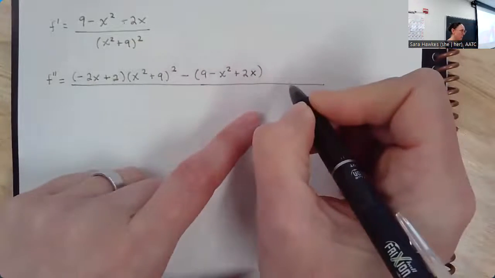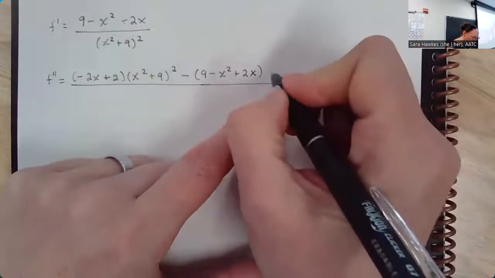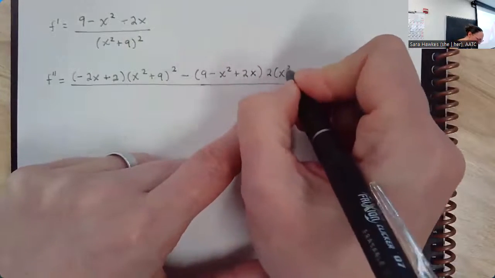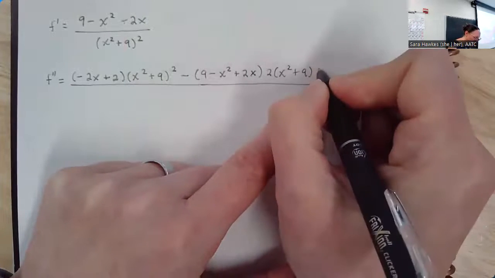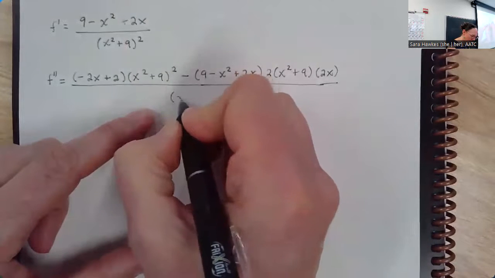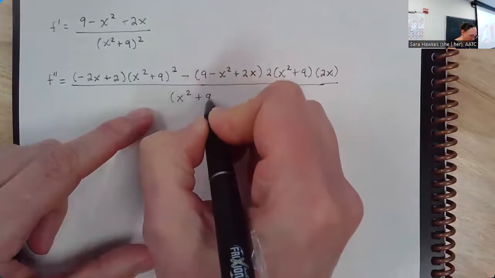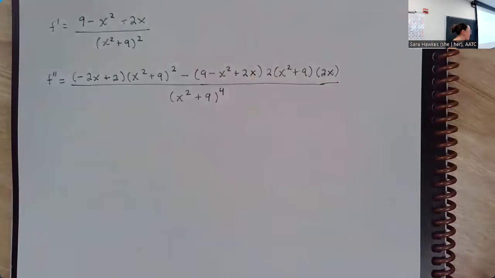Times the derivative of the bottom. And when I take the derivative of the bottom, I need a chain rule. So I'll bring my 2 down from the exponent, leaving me with an exponent of 1. And then I'll multiply by 2x because that's what was on the inside. And that whole thing would be over x squared plus 9 squared, meaning it'll be to the 4th.